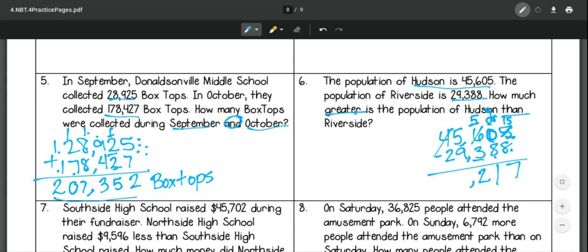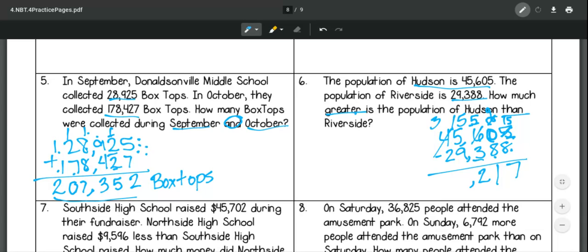So we're going to mark out this 4 in the 10,000s and leave it with a 3, or 30,000. Then we're going to be able to give our thousands 10 more thousands. So 10 plus 5 is 15. All right, now 15 minus 9, I'm going to count up to 15 from 9.